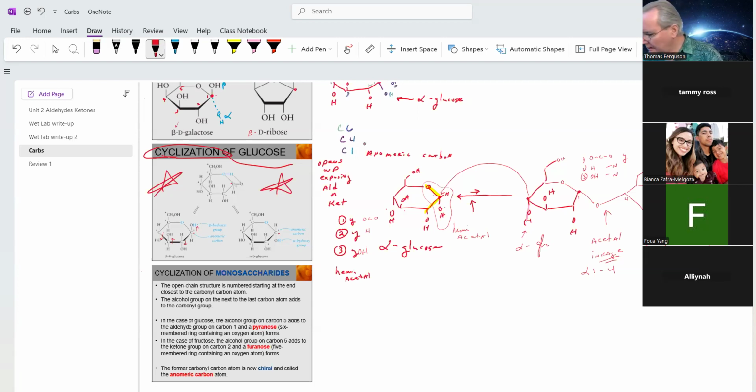What would be really good practice between now and Wednesday would be starting looking at those worksheets I showed you and making sure the aldehyde ketone chemistry is solid. Because you can see this is all aldehyde and ketone chemistry, with a lot of extra baggage slapped on it with the structures.